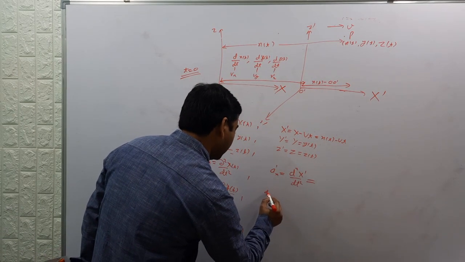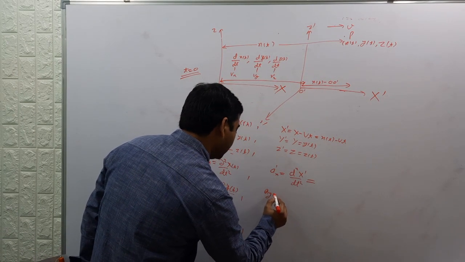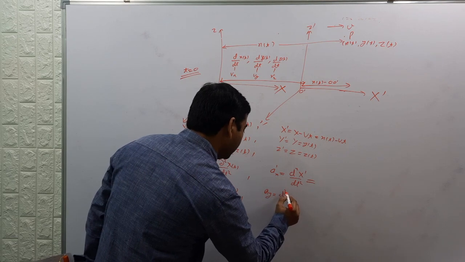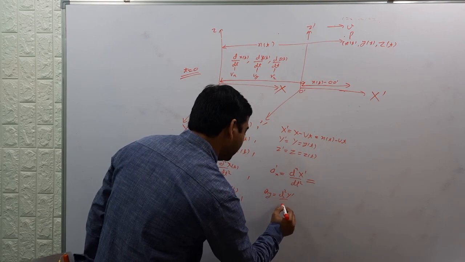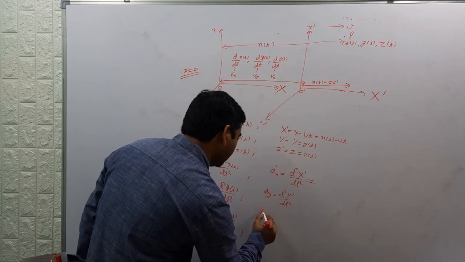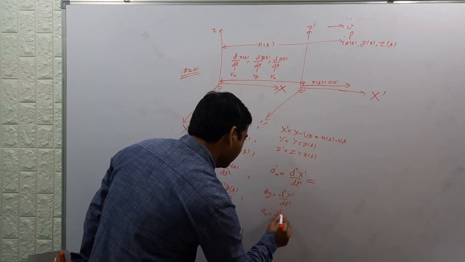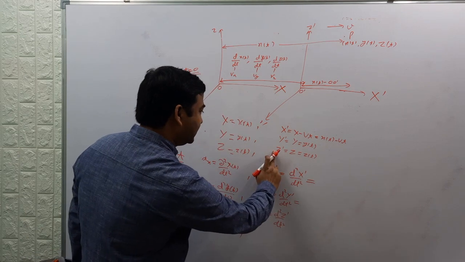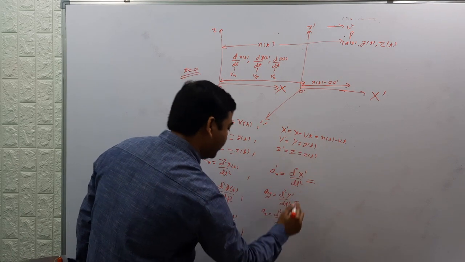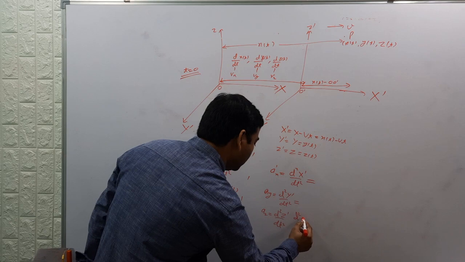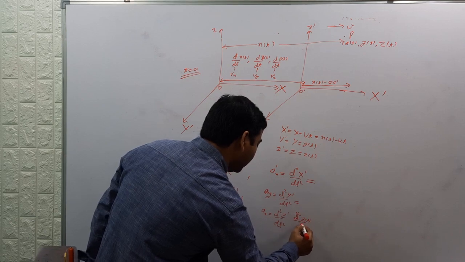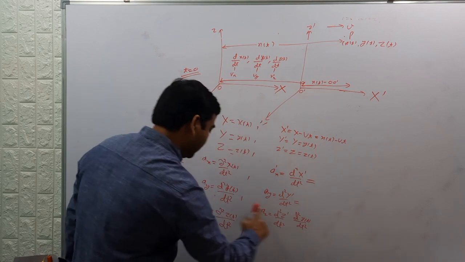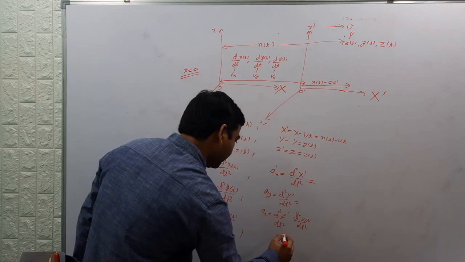Similarly ay is equal to d2y dash by dt square. Az is equal to d2z dash by dt square. Y dash is equal to y is equal to y(t), d2y(t) by dt square. That is same for both.